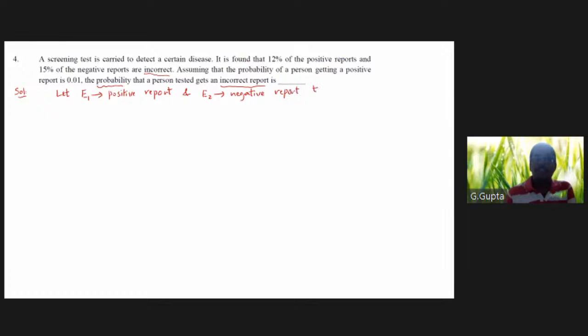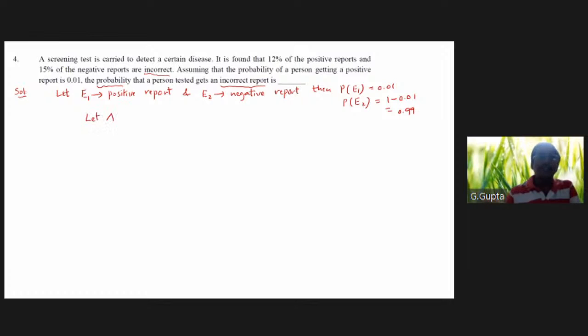In this, the probability of a person getting a positive report is 0.01. Probability of E2, all others negative, automatically 1 minus 0.01, sorry, 0.99. Now arbitrary event, second type.